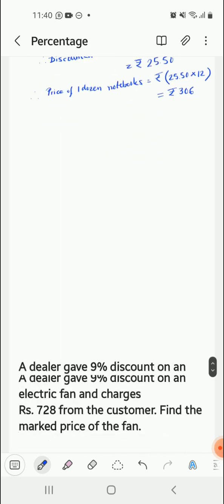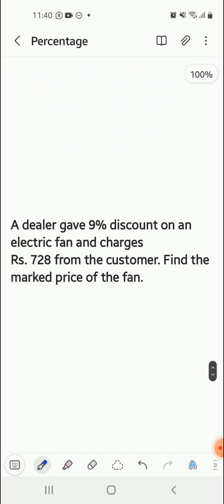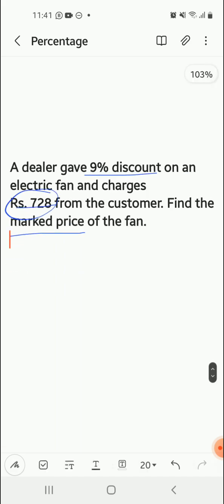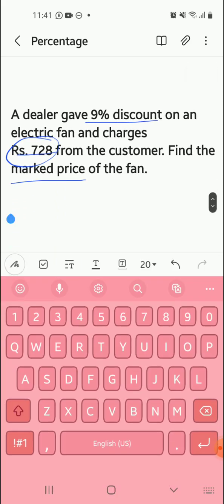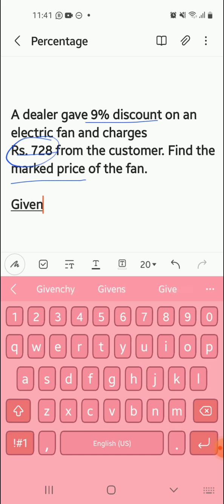Moving on to the next sum. A dealer gave 9% discount on an electric fan and charges 728. We have to find the marked price. That means discount percent is 9 and he charged 728 rupees. So which means 728 rupees is actually the discounted price. So we are going to write down here that there are two pieces of information given.